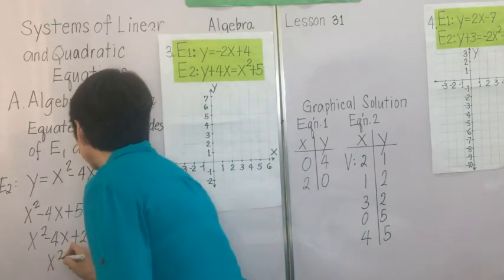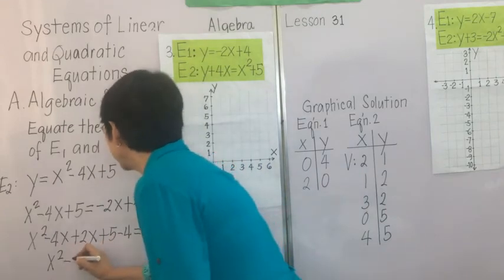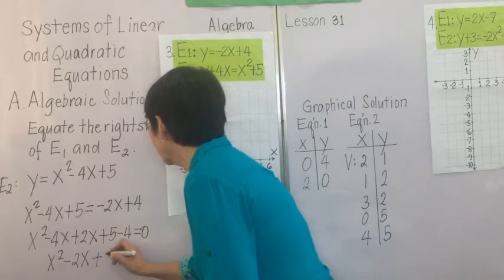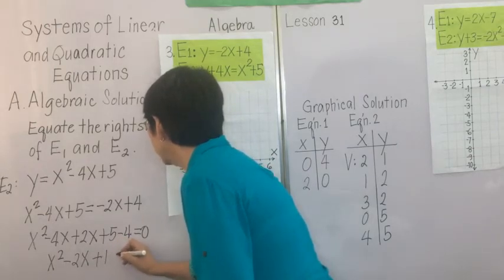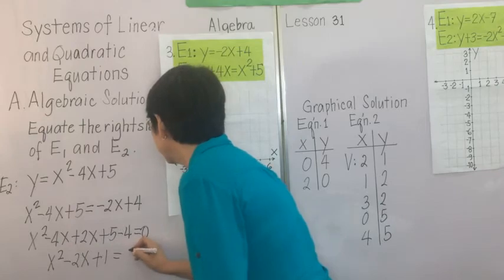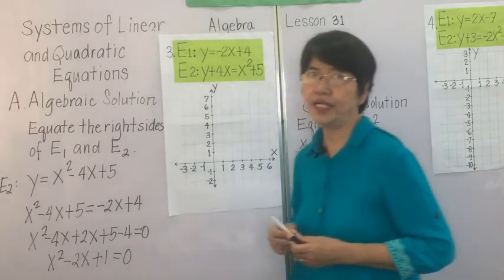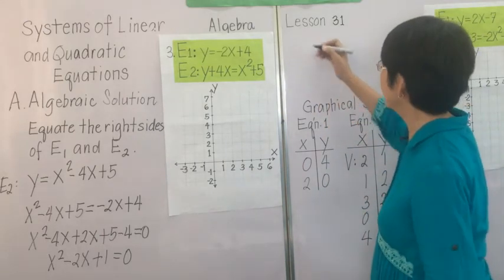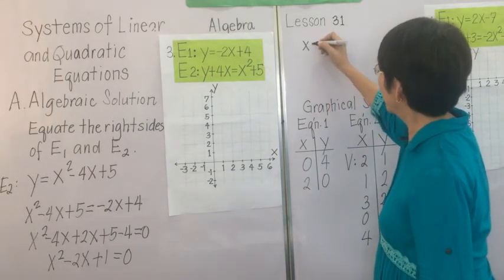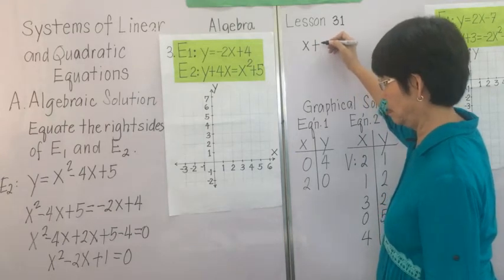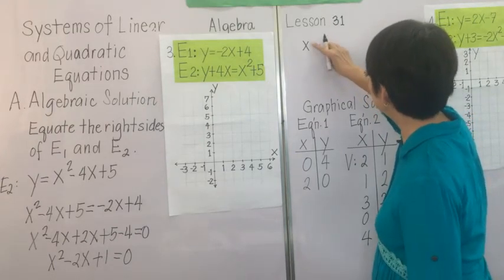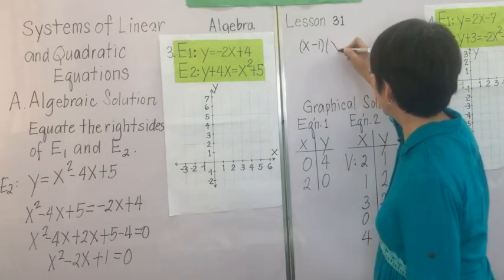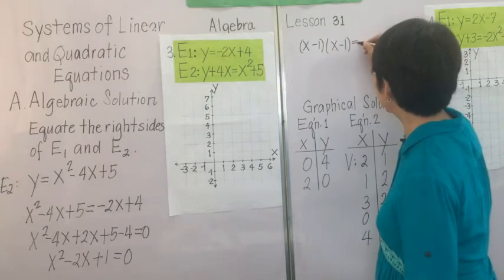So x squared minus 2x plus 1 equals 0. And factoring this expression, we have (x minus 1) times (x minus 1) equals 0.